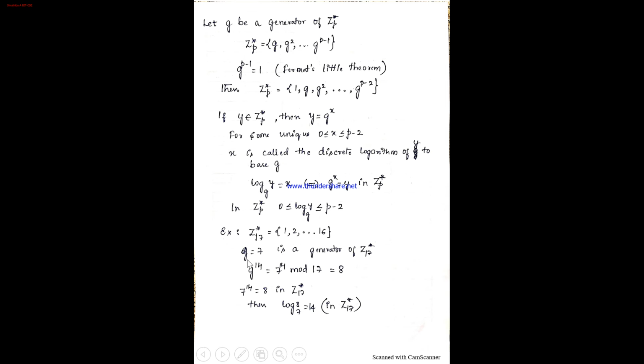Now if the generator is 7 for Z17 star, 7 is a generator, you can cross-check. Then 7 to the power of 14 mod 17 will give you 8. You can't compute it just like that; you have to calculate it. If you do 7 raised to 14 mod 17, you will get 8.